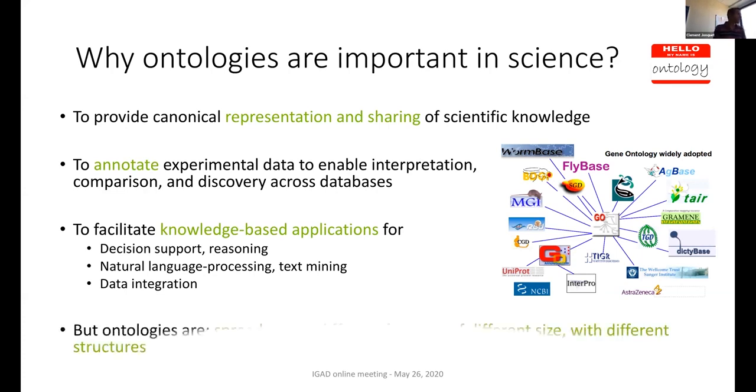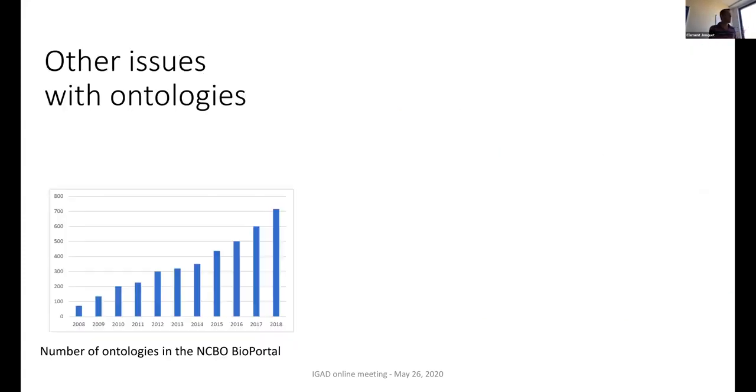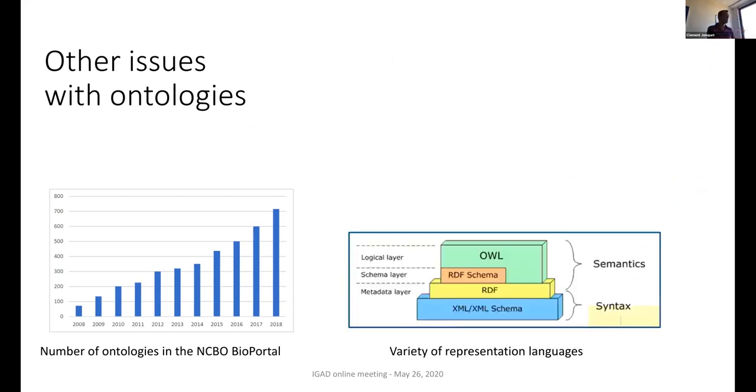Our problem is that ontologies are spread out in different formats of different size with different structures. The number of ontologies in ontology repositories such as BioPortal has exploded over the last 10 years, I would say.